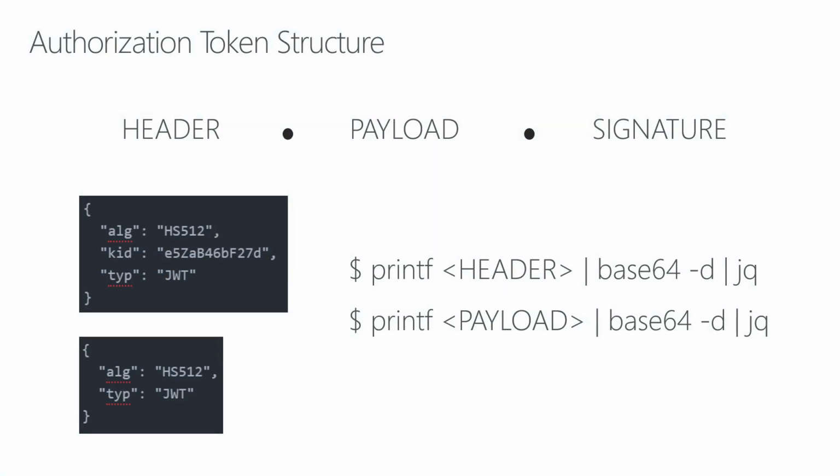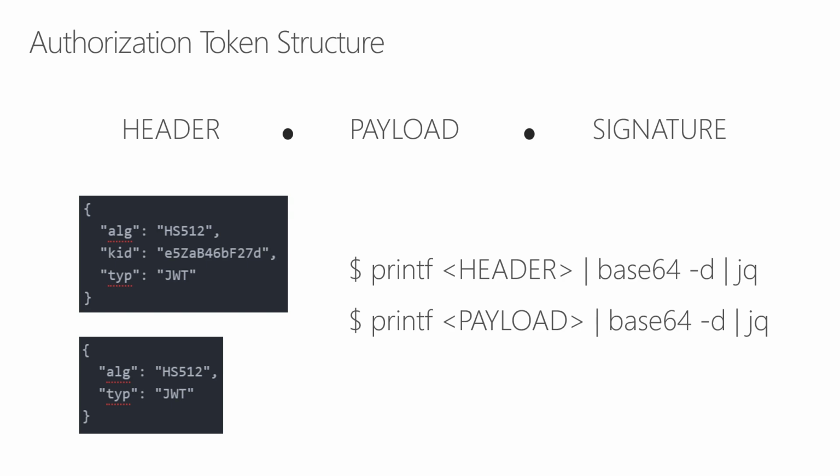So what's a token? A token is a very long string that consists of alphanumeric characters, dot, another set of alphanumeric characters, dot, another set of alphanumeric characters. What are those alphanumeric characters? That is often called base64 encoded text.